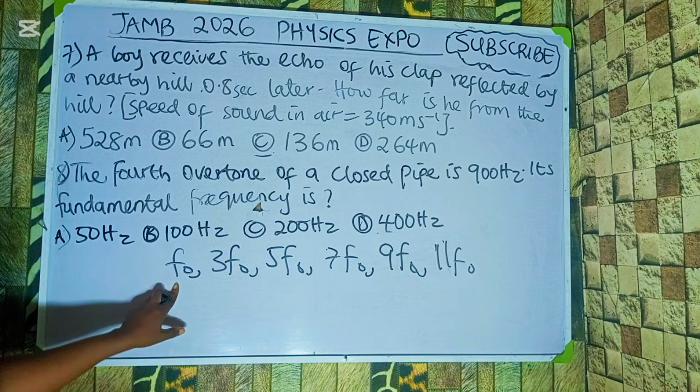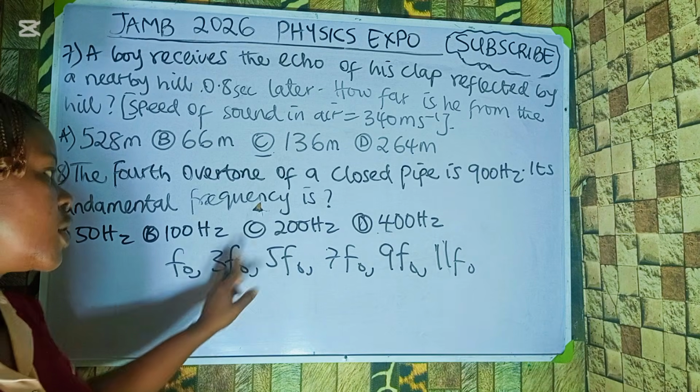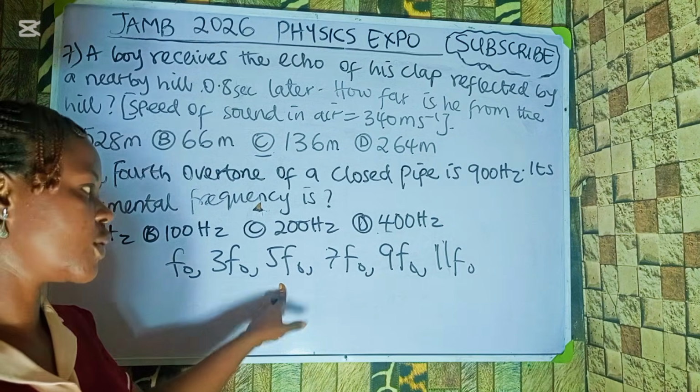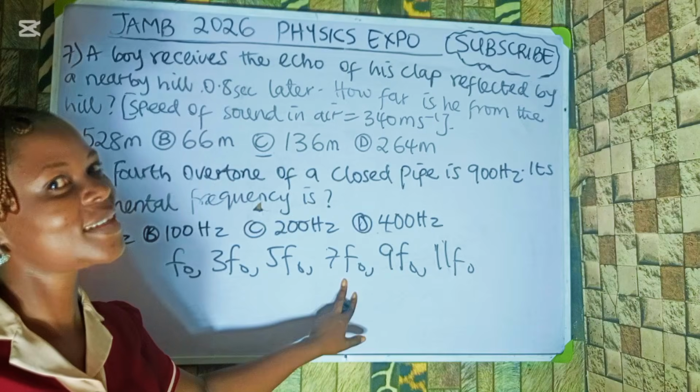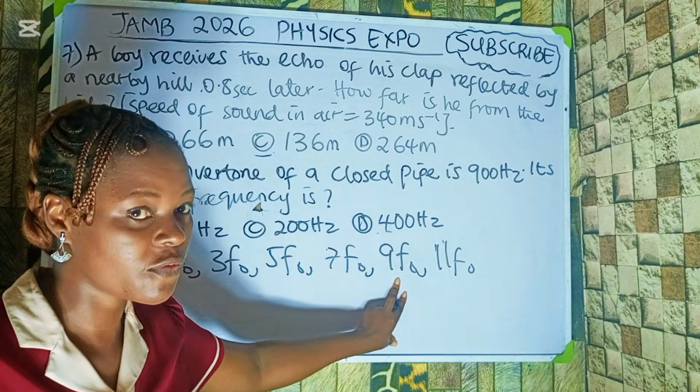So this is the first harmonic, zero overtone. Second harmonic, first overtone. Third harmonic, second overtone. Fourth harmonic, third overtone. Fifth harmonic, fourth overtone.